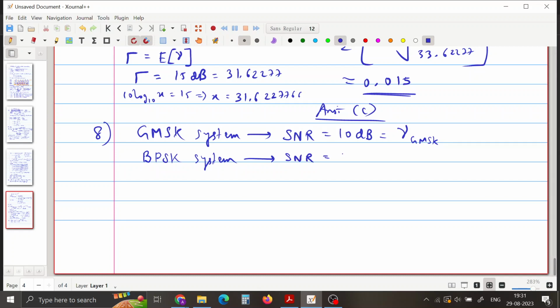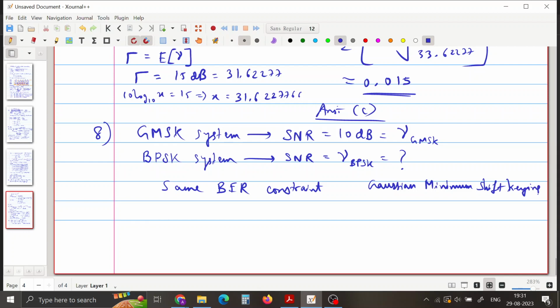Let me denote it by gamma BPSK, which is what we need to find, and the constraint is same BER. That's the given constraint. And in case you are wondering what GMSK is, this is Gaussian minimum shift keying. Okay, this is the GMSK full form.